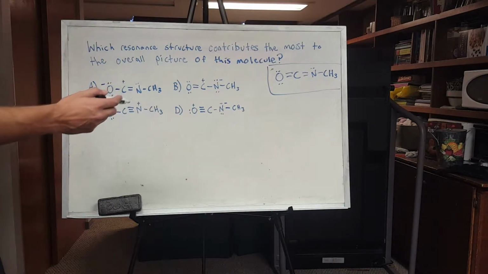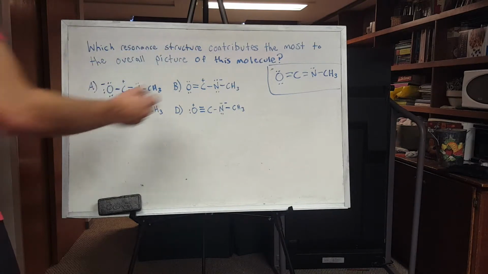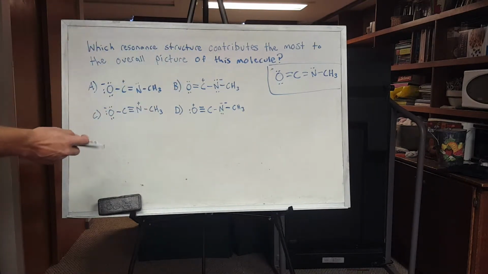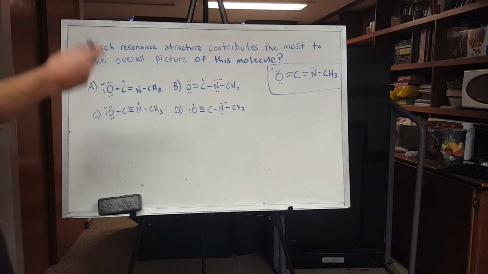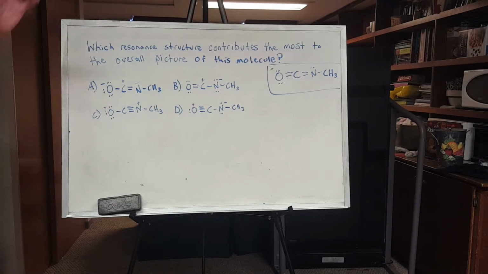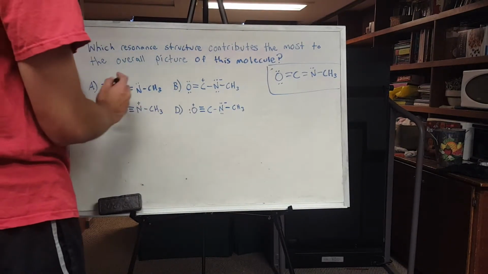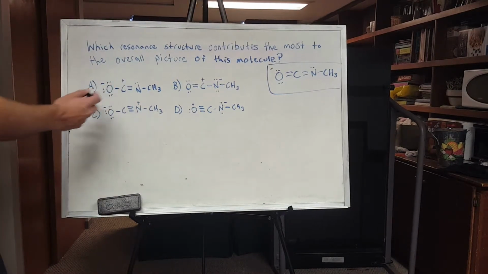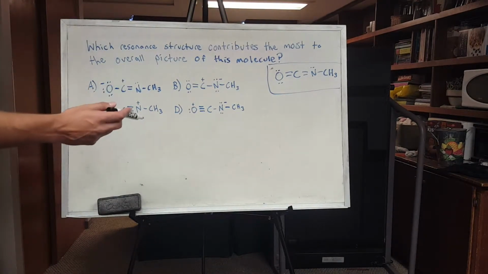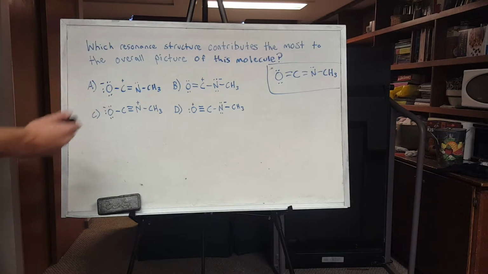In the end, the resonance structures that are most stable will contribute more to the overall picture of the molecule. To determine the stability, we're going to look at formal charges on individual atoms, and we're going to try to follow the octet rule.